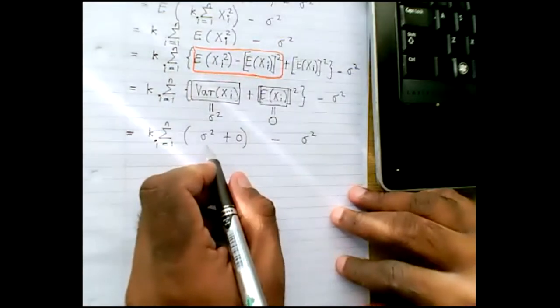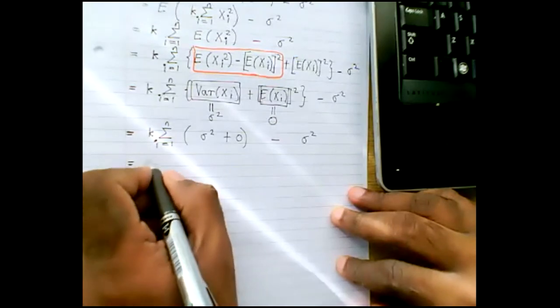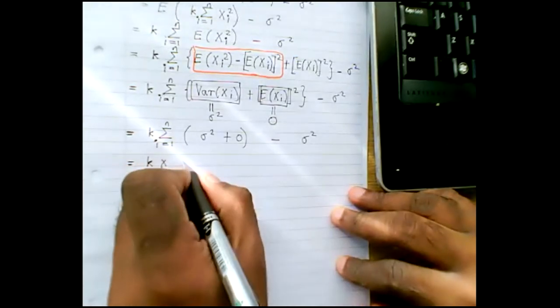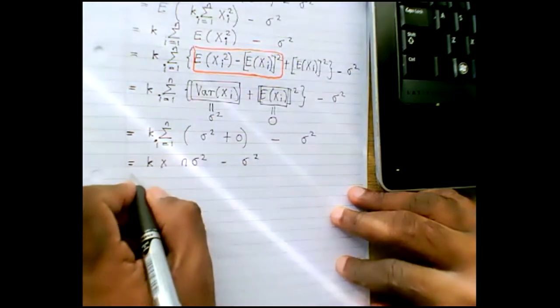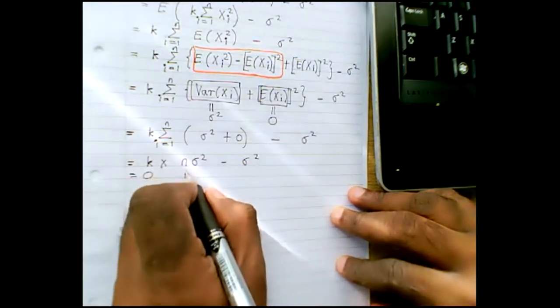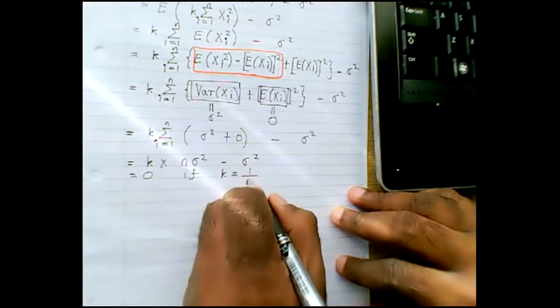Now sigma squared is a constant, so the sum of a constant is n times the constant. So you have k times n sigma squared minus sigma squared, and this is equal to 0 if k is equal to 1 over n.